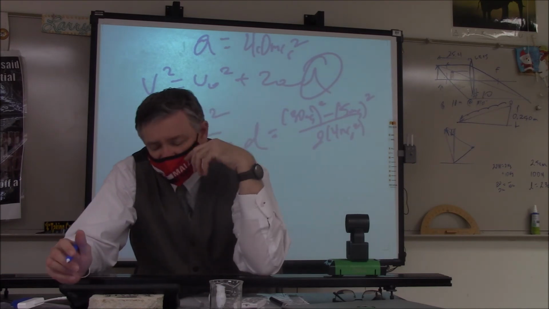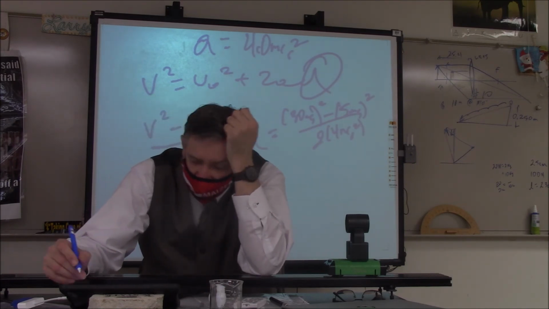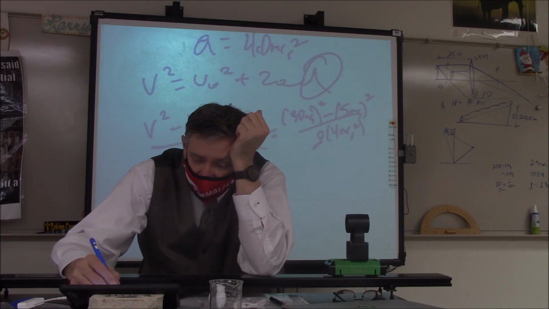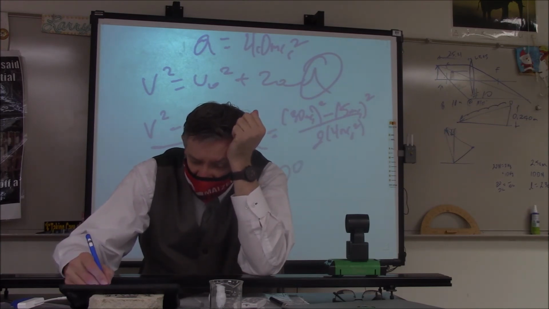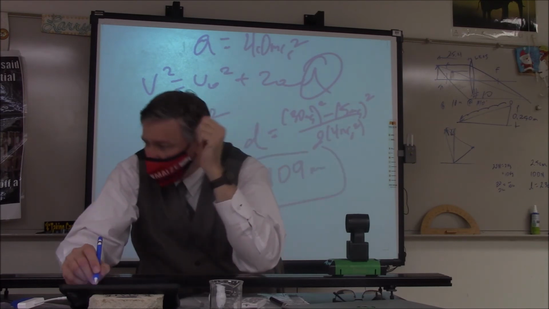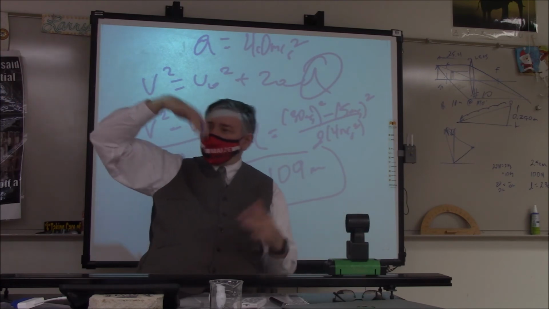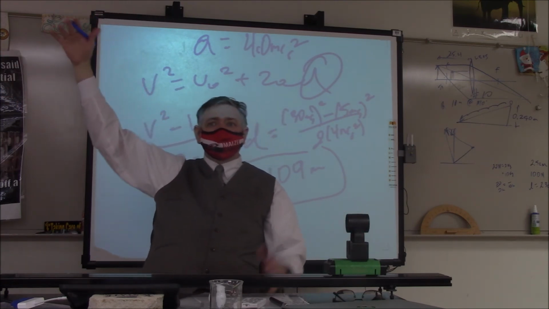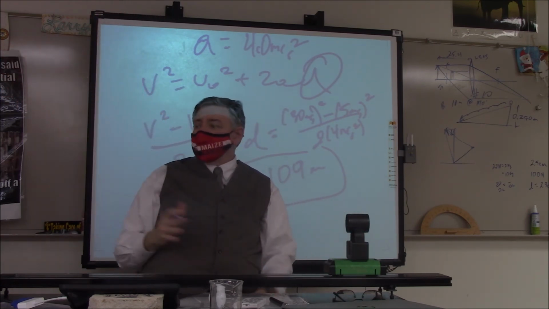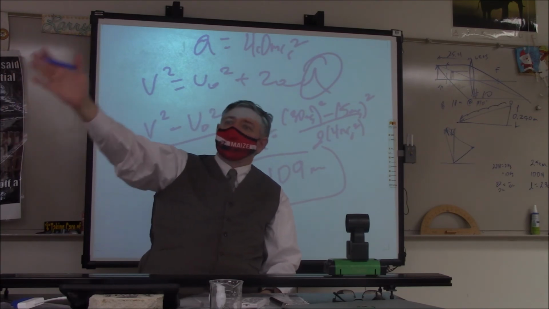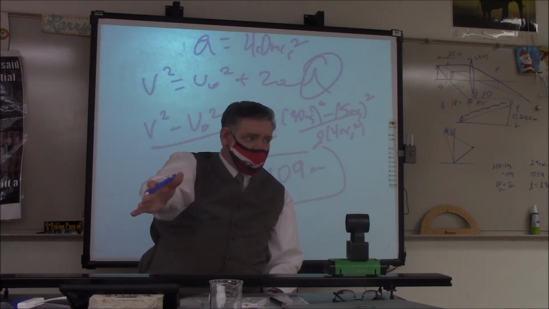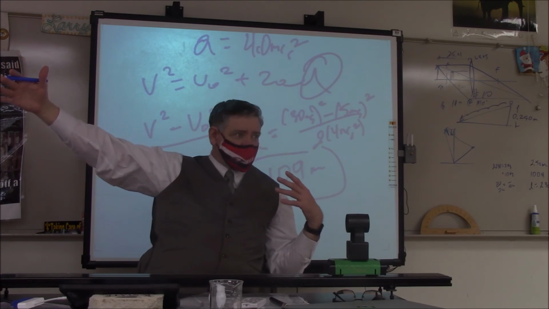So take 30 squared minus 25 divided by 8. 109.375. So 3 significant digits, 109 meters. Okay? 109 meters is about the length of a football field. So that's how long I would have to build this acceleration lane so the cars are going fast enough so that they can safely merge into traffic. So it'd have to be about a football field length, right?